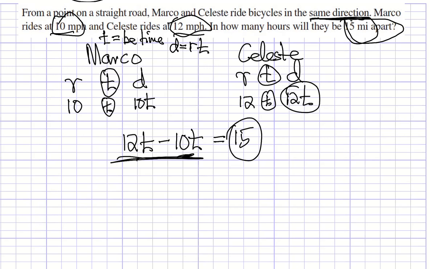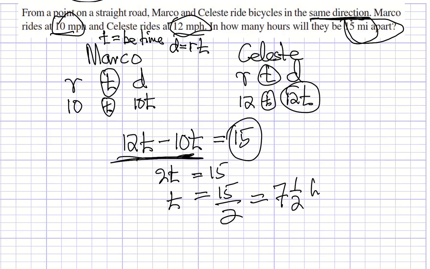But anyway, you solve that, because we're dealing with a linear equation in one variable. So you simplify the left side. What do you get? You get 2t equals 15, and you get t equals 15 over 2, and that is 7.5 hours.